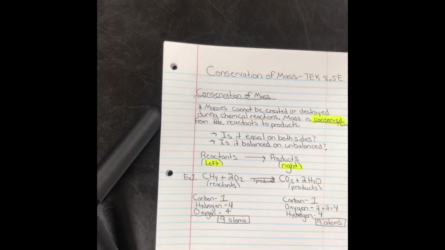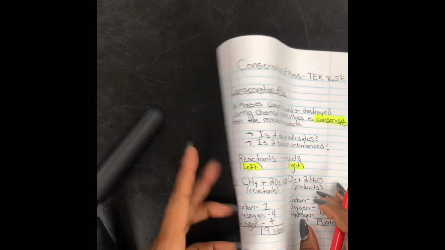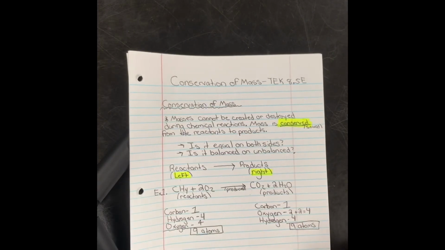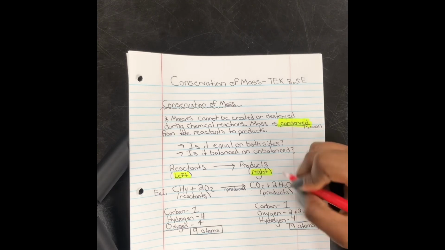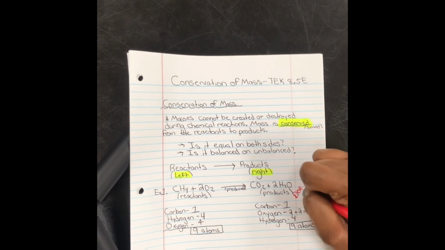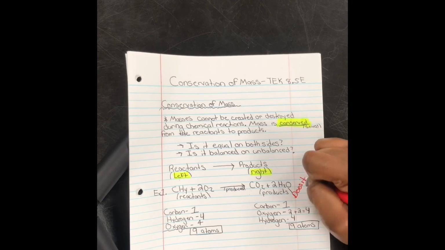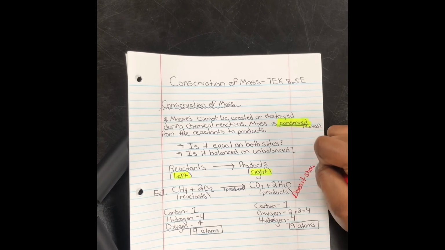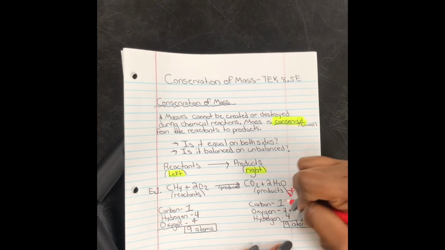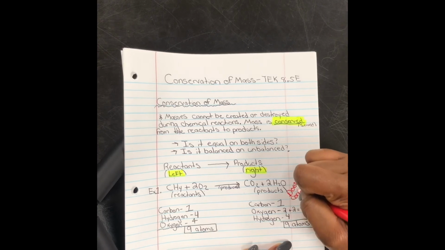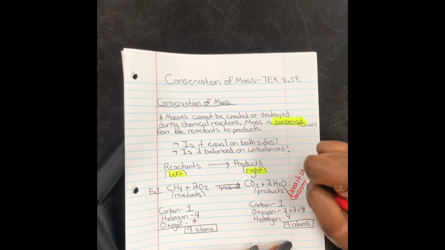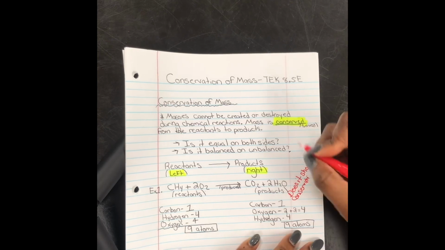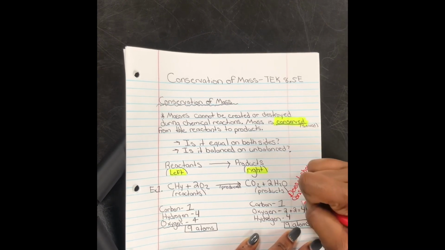So now, let me grab my pen because I want this part to stand out. You're going to ask yourself, does it show conservation of mass? Let me write that out to the side. Does it show conservation of mass?